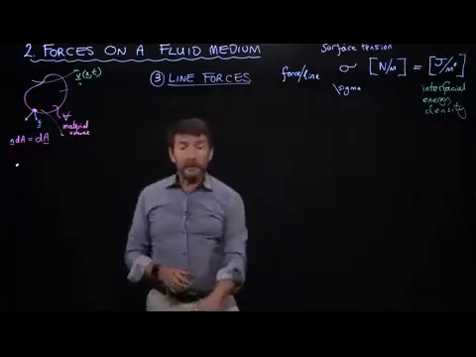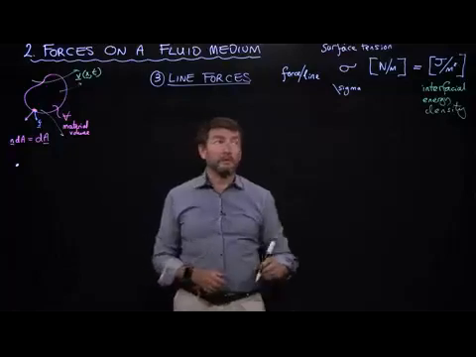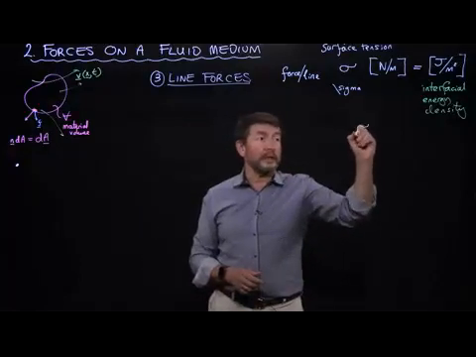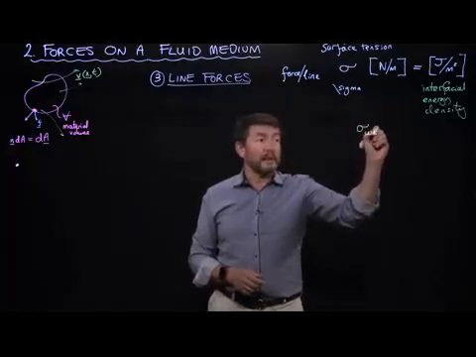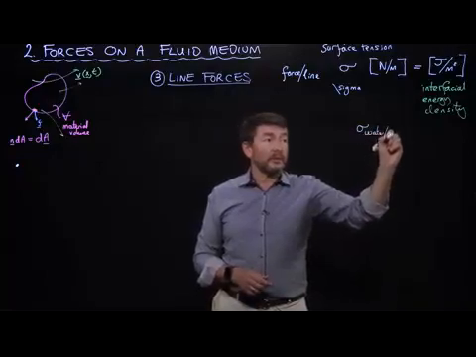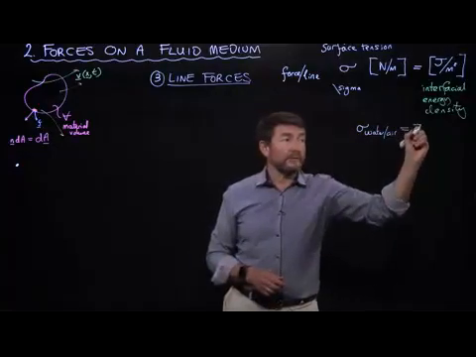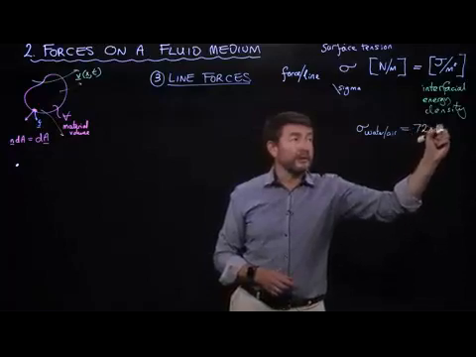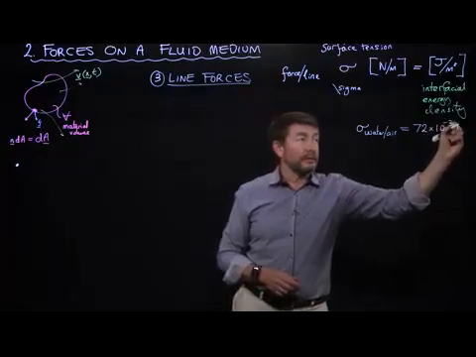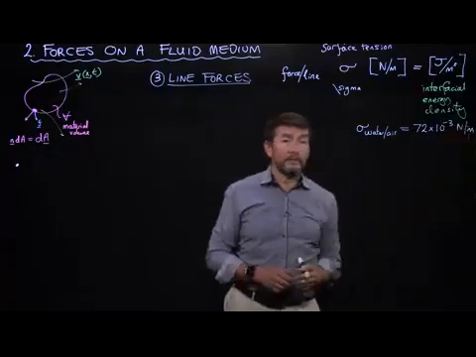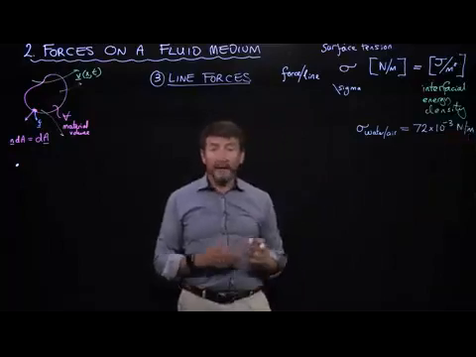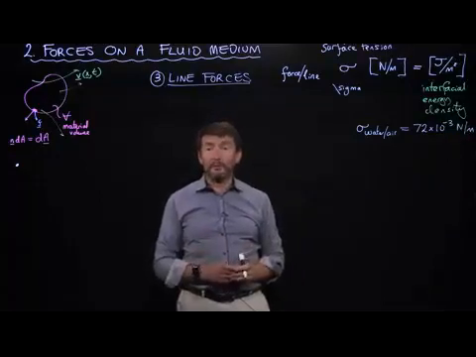The values are typically quite small for most materials. For example, for water in equilibrium with air, we've talked about this before, it's 72 times 10 to the minus 3 newtons per meter. So it's a very, very small force, but it can be important on very, very small scales.